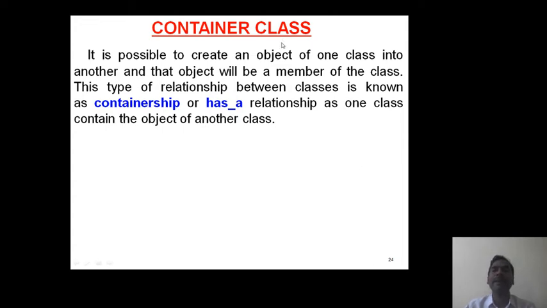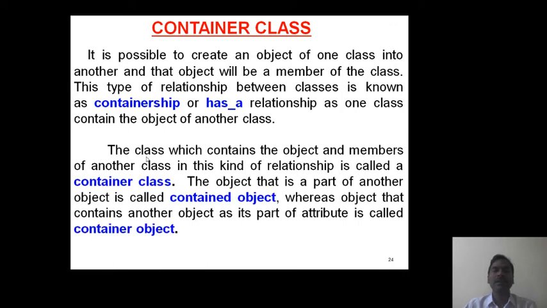With the help of a container class, it is possible to form a has-a relationship between the classes. In C++, two types of relations are possible: is-a relationship and has-a relationship. Here, the has-a relationship is achieved with the help of a container class.